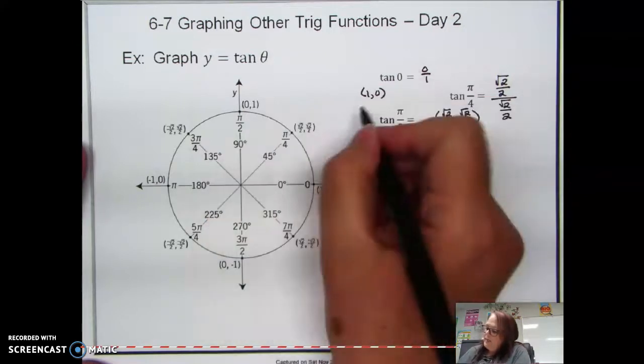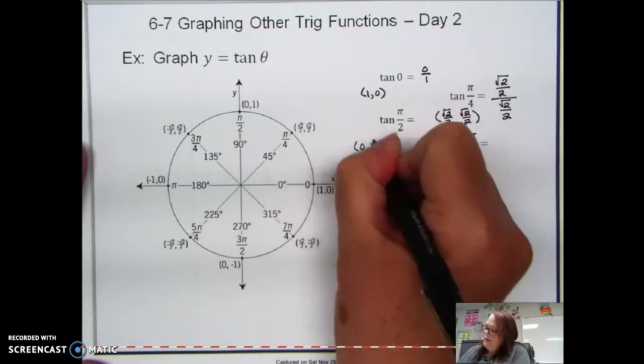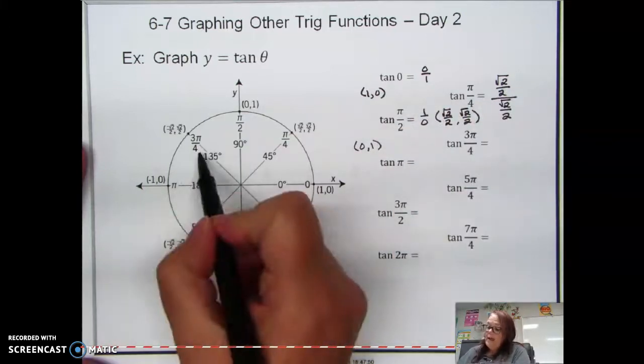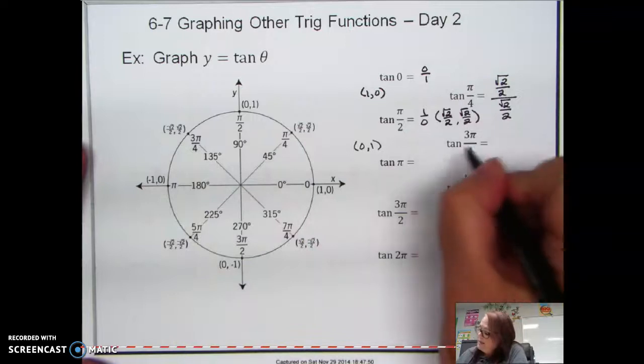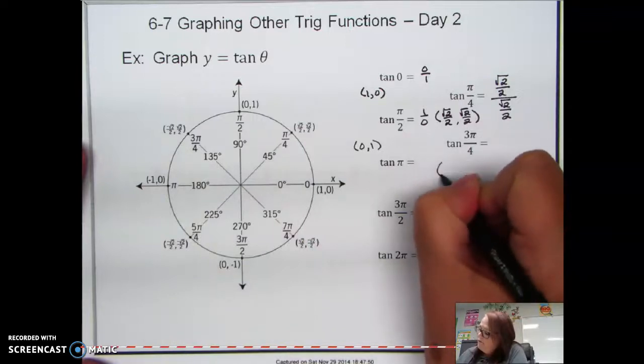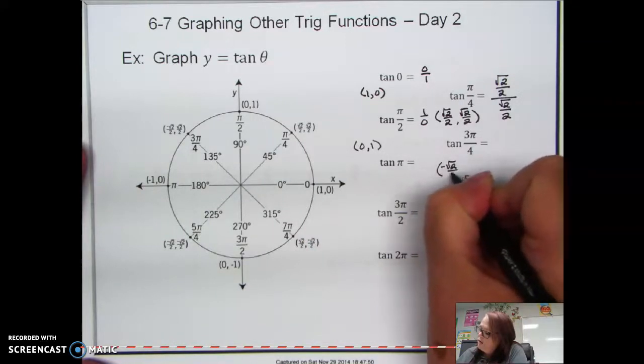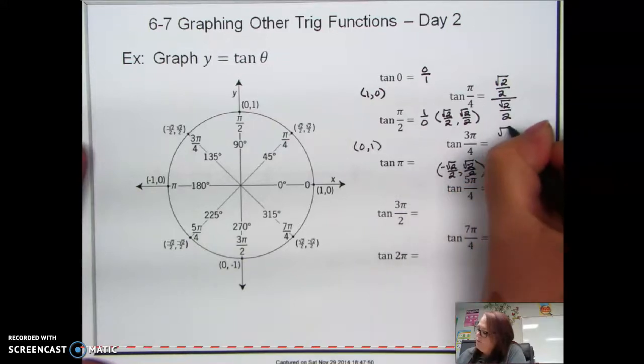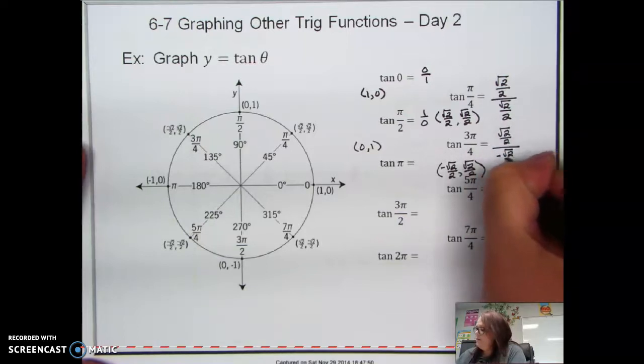Tangent of pi over 2, that's at the point 0, 1. So that's going to be the fraction 1 divided by 0. At 3 pi over 4, that's going to be at the point of negative root 2 over 2, comma root 2 over 2. So that means my y value is positive root 2 over 2 and my x value is negative root 2 over 2.